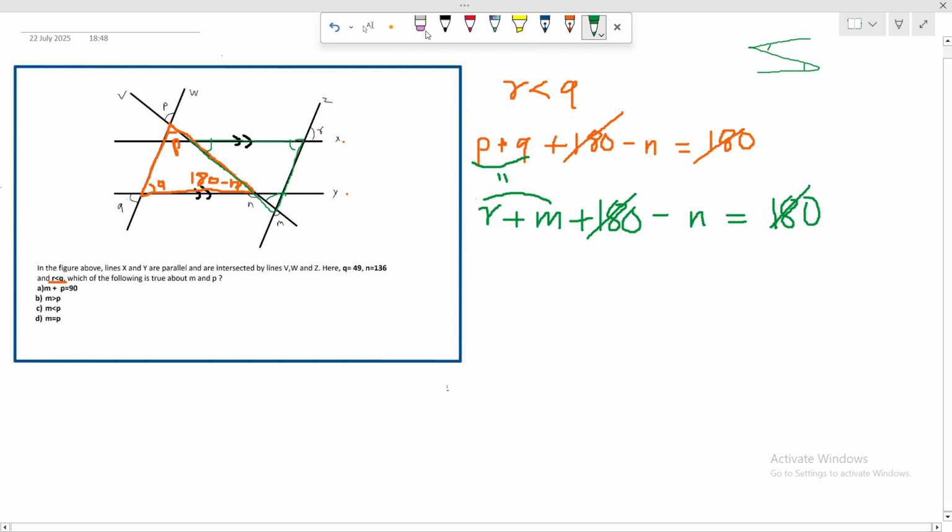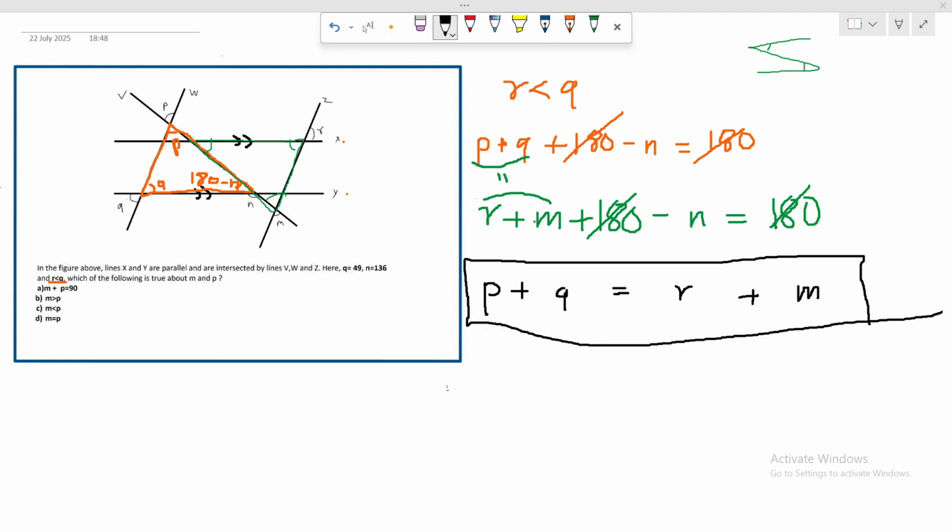So let's write this here. We got these two equations, so let's write it down. And we got this condition, which I mentioned at the start of this video, and this equation might be very helpful here.